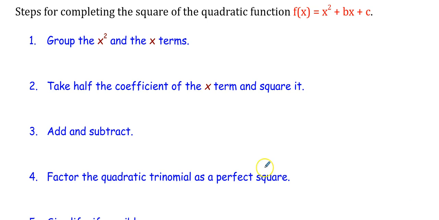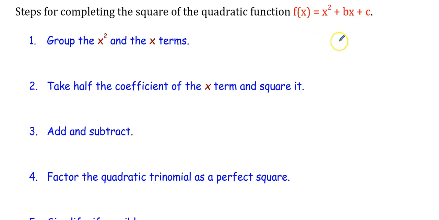Alright. The whole procedure is explained here step by step. Let us do one step at a time. These are the steps for completing the square of a quadratic function f(x) equals x squared plus bx plus c.